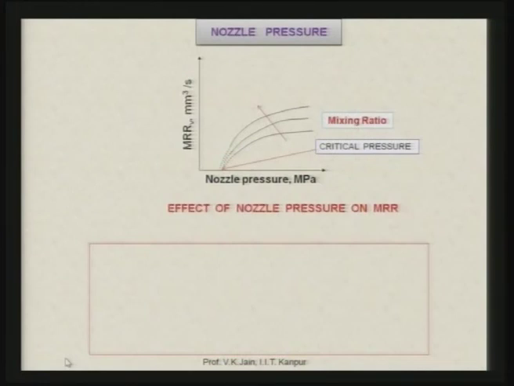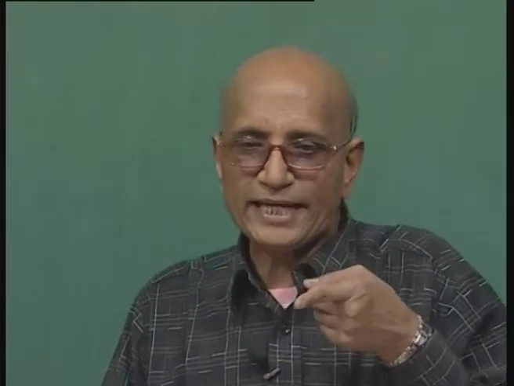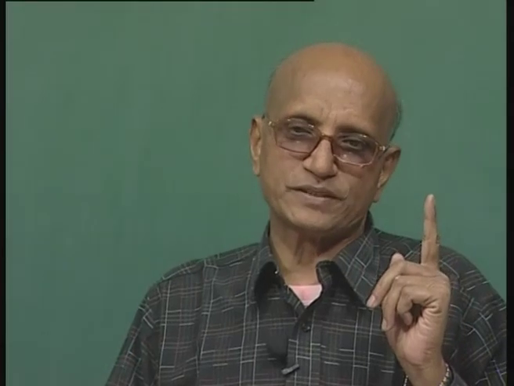Now, nozzle pressure. Nozzle pressure is another parameter which affects, to some extent, the volumetric material removal rate. An important point to note here is the critical pressure. This is the minimum pressure needed for the start of removal of material, because unless an abrasive particle has a certain minimum kinetic energy, it cannot penetrate inside the workpiece surface.